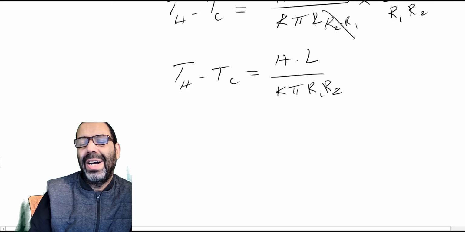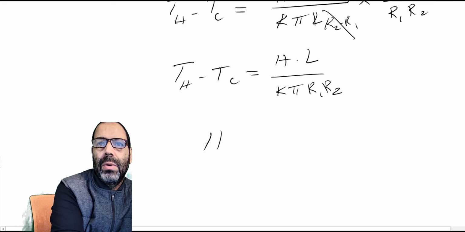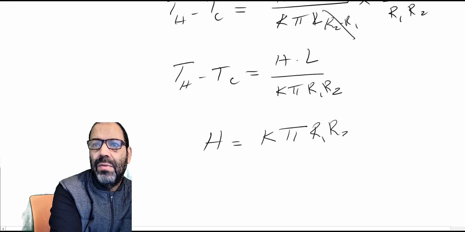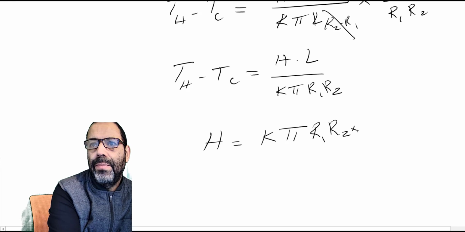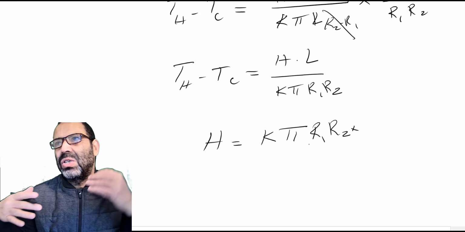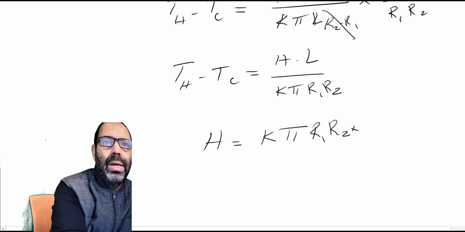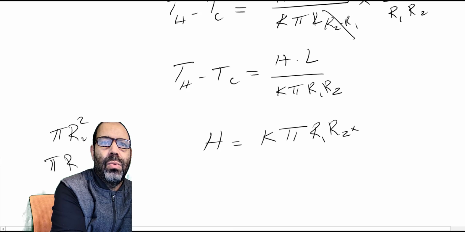As a matter of fact, we can find H from this expression, because that's what we were asked to find for this material. It's going to be K times pi, which is typically for the area, times the product of the two radii. It's not an area, it's really like an average of the two areas, the bottom one and the upper one, because the lower area is pi r2 squared, and the upper one is pi r1 squared, and this is somewhere in between them, which is just pi times r1 times r2.